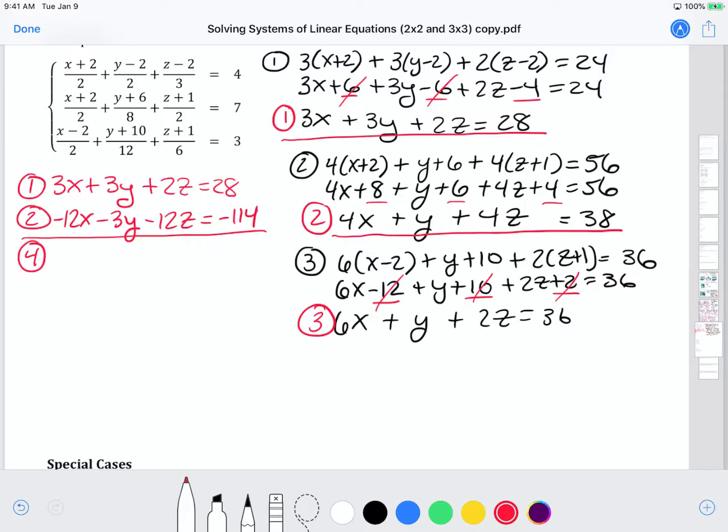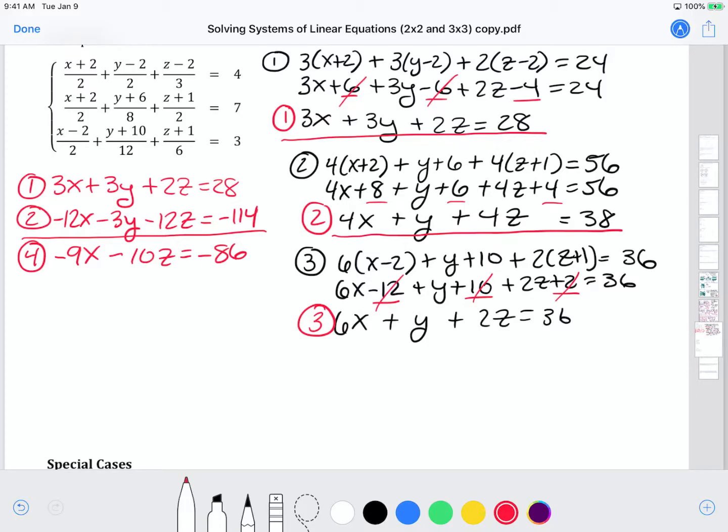So the 3y and the minus 3y disappear. When I add the x's, I'm left with a negative 9x. When I add the z's, I'm left with a negative 10z. And when I add the negative 114 plus 28, that's going to give me a negative 86. So there's my equation 4.